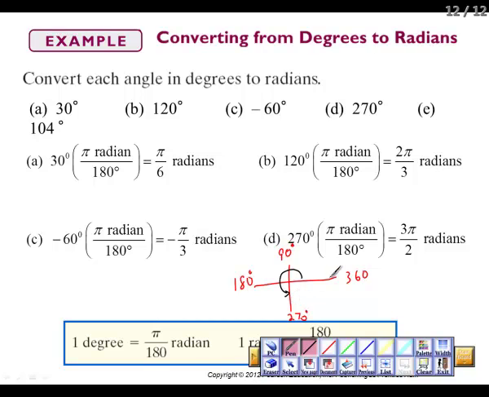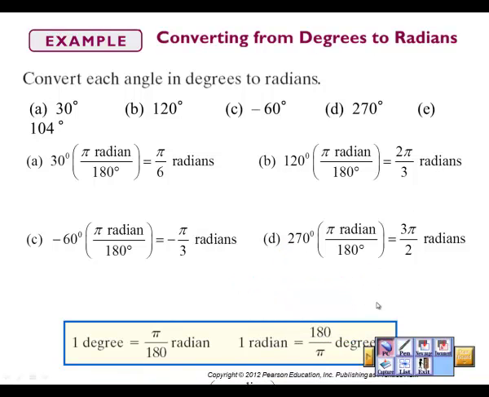A complete circle would be 2 pi radians, but we've gone 3/2 of pi, or 1.5 pi. Okay, and 104 degrees, here we're going to end up with a decimal.